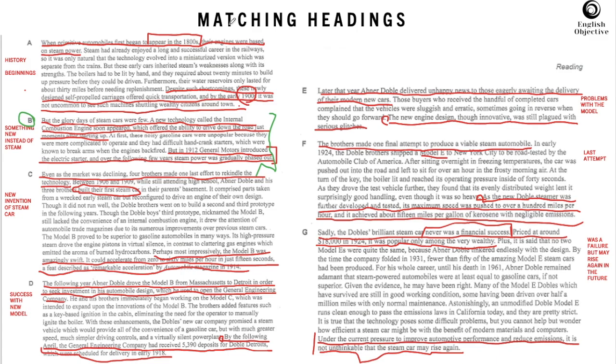A new technology, okay, so that clears it, yeah. A new technology, so that's a better option, called the internal combustion engine soon appeared, which offered the ability to drive down the road just moments after starting up. Okay, so that's better. Yeah, that's a better option than the ones that we had.